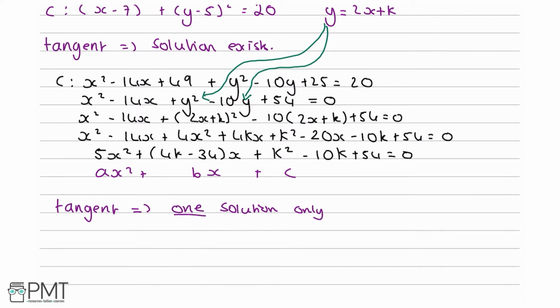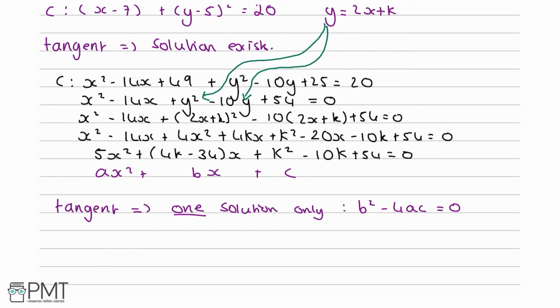So this is key. How do you use a quadratic to get one solution? Well, this means that the discriminant, or b squared minus 4ac, has to equal 0. Because if it's greater than 0, there are two distinct solutions, and if it's less than 0, there are no real solutions.